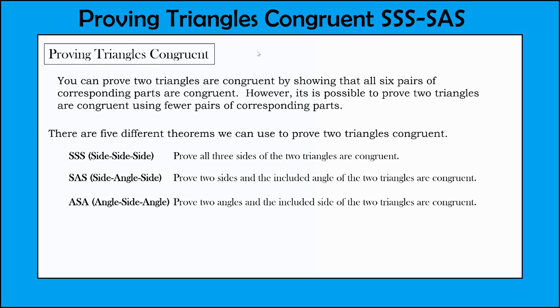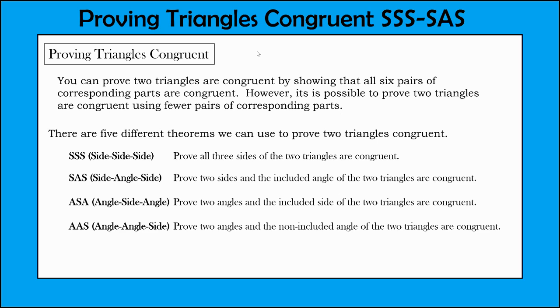Angle-angle-side is the fourth one. If I can prove two angles and the non-included side in two different triangles are congruent, the two triangles have to be congruent.